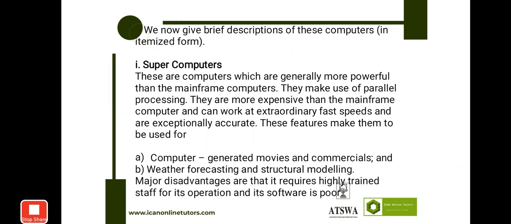They are more expensive than the mainframe computer, and can work at extraordinary fast speeds and are exceptionally accurate. These features make them used for computer generated movies and commercials, and weather forecasting and structuring module.